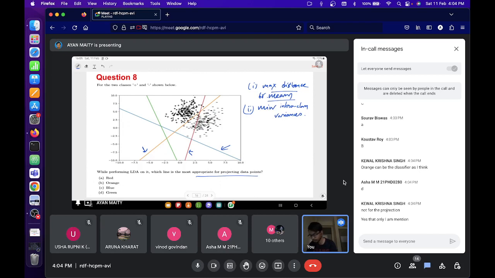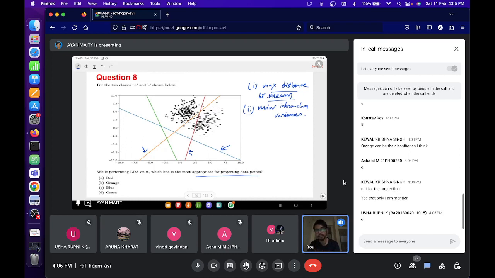We are talking about the projection line. If we project all the points on that straight line, then it's better to represent using that projected data. So the projected data is better than the actual data points while classifying. LDA is also used for that.